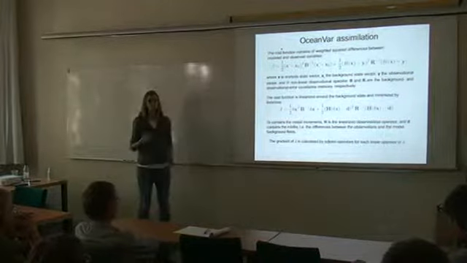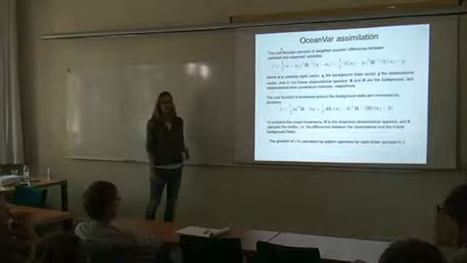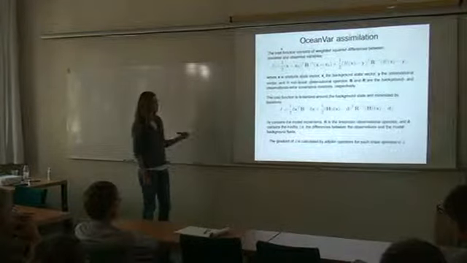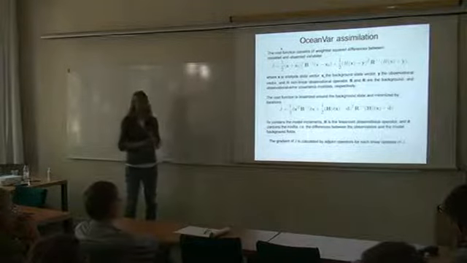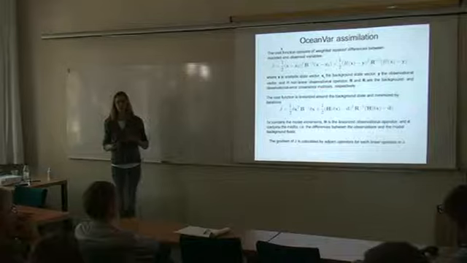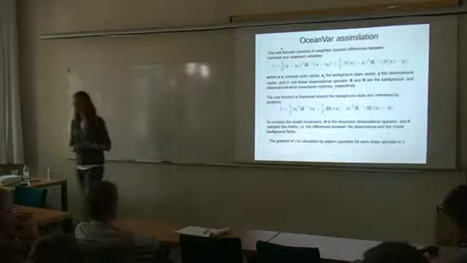It contains all the differences between the background state and the observations. So this equation is minimized by iterations, and the gradient of J is also calculated by adjoint operators. So for each linear operator, there's an adjoint which calculates backwards.